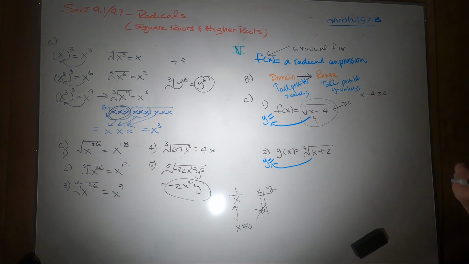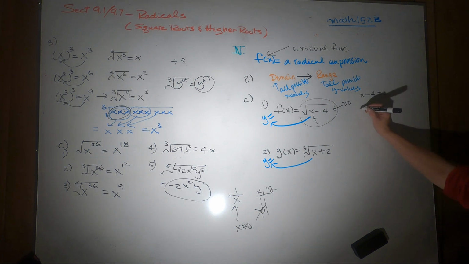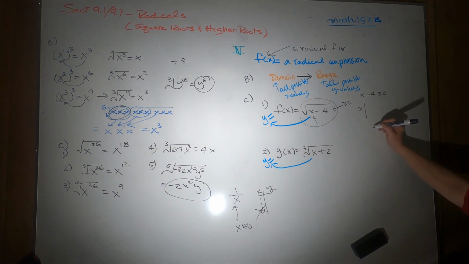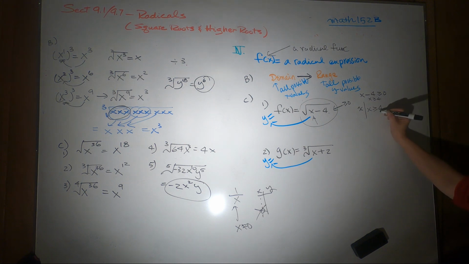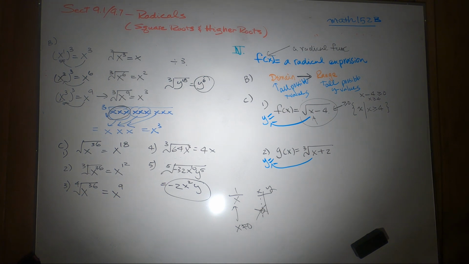Then how do you write your answer for the restriction for x? You will write x and describe it, so you will put a bar there. That's a formal symbol of math. So x has to be greater than or equal to 4, and we put it into curly brackets.